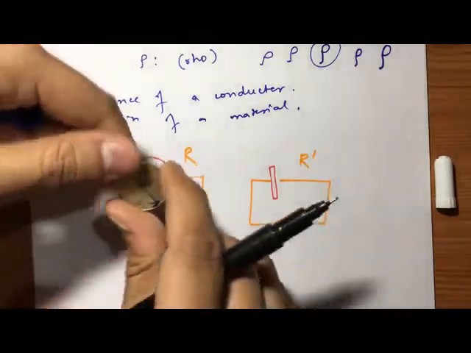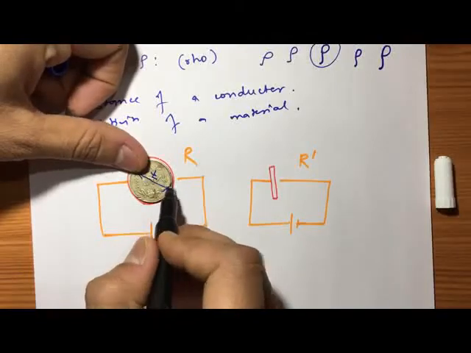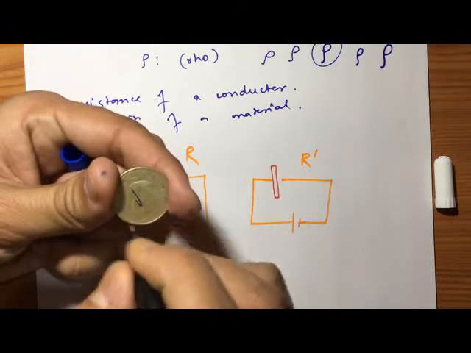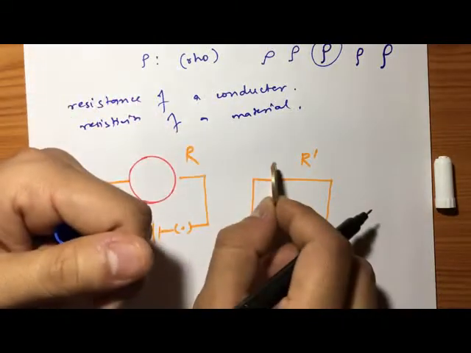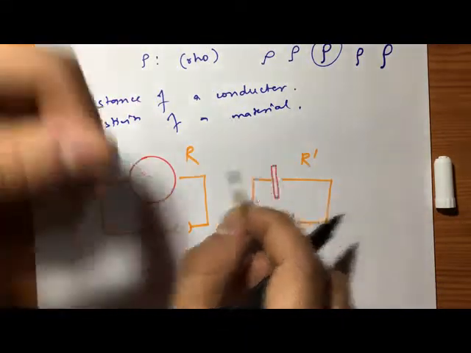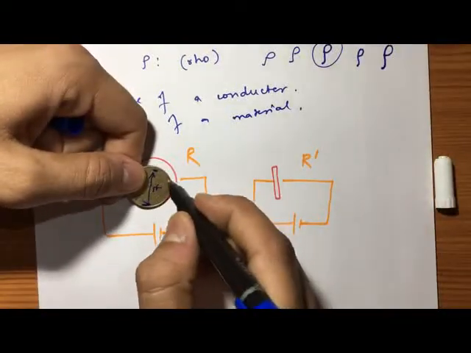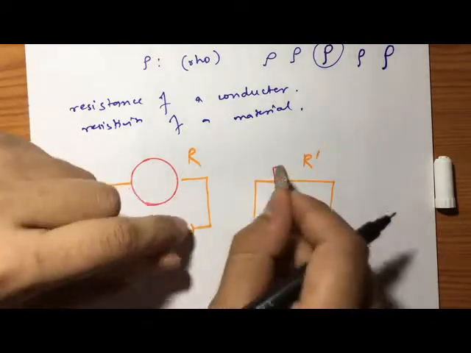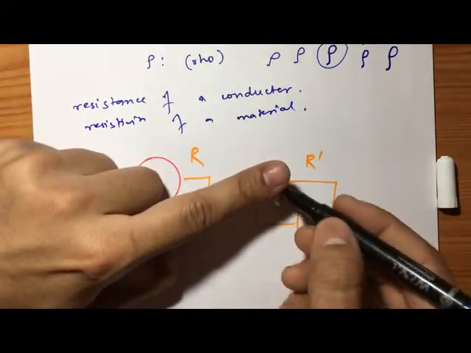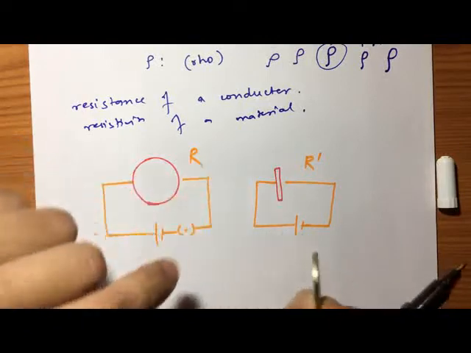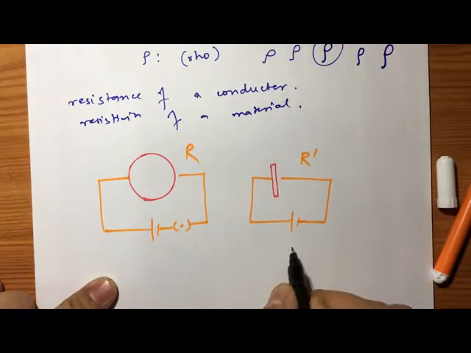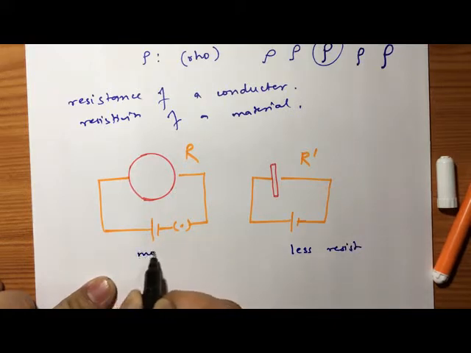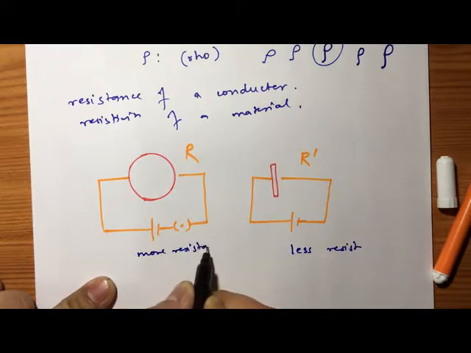In case 1, obviously the area of cross section is low, and in the second case the total circular face is the area of cross section. In case 1 the area of cross section was this little part, and in this case it is this whole part. So obviously this will have less resistance and the other has more resistance.